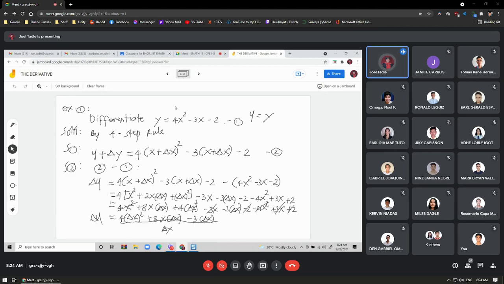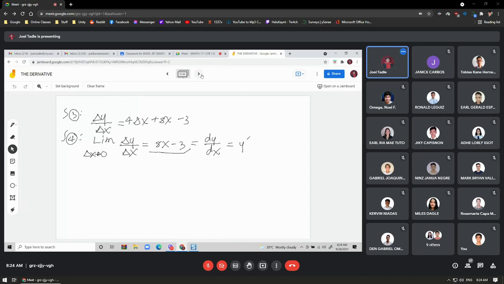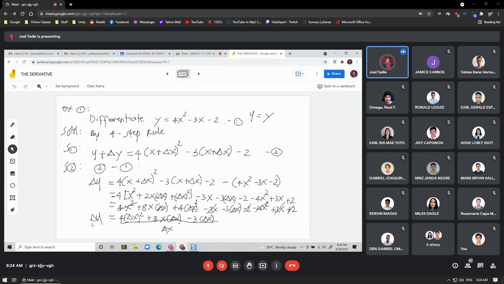So the next step is to divide delta y by delta x to determine delta y over delta x. So for this step 2, we divide both sides by delta x.